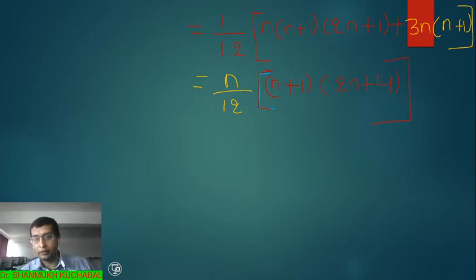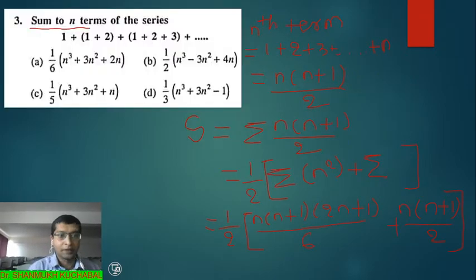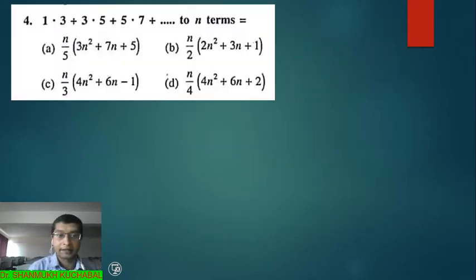Further we'll take 2 common from this factor and simplifying, we get 1 by 6 multiplied by n cube plus 3n square plus 2n. Okay, we get this as an answer. So the right option is n cube plus 3n square plus 2n divided by 6. Therefore option A is the right answer.